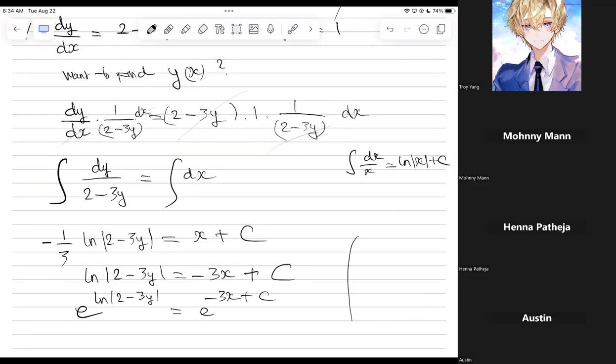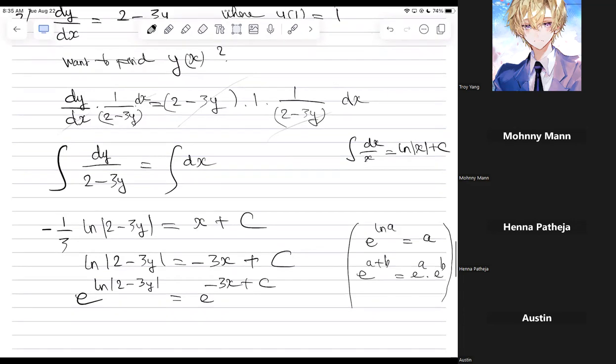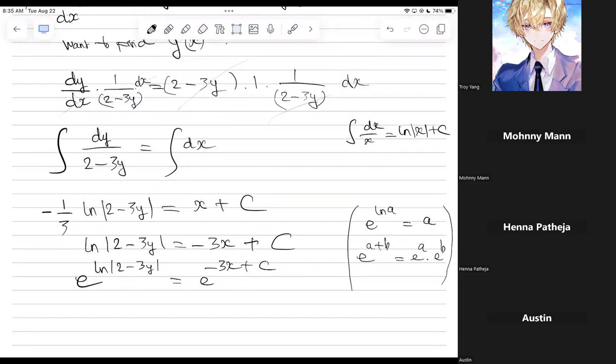Recall that e to the ln a equals a, and e to the power a plus b equals e to the power a times e to the power b. So the left hand side now is only |2 - 3y|. The right hand side I will have e to the power c times e to the power -3x.